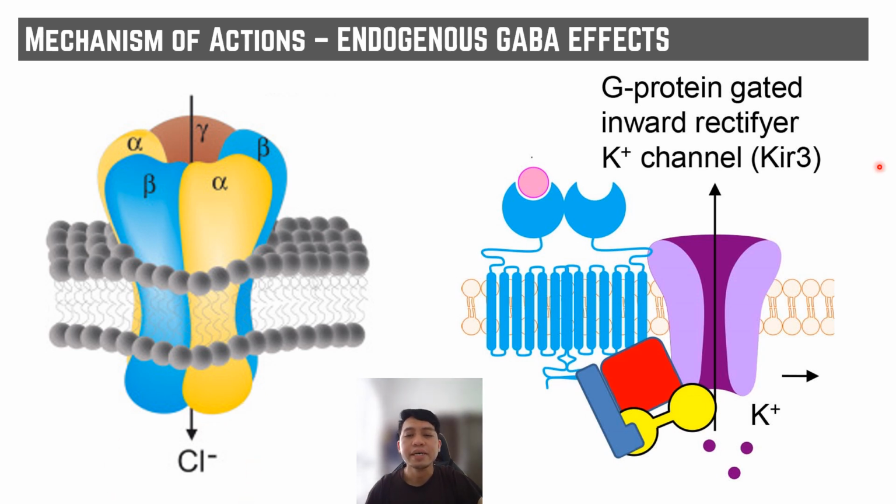In contrast, the GABA B receptor is a metabotropic receptor connected with a second messenger system and exerts a rather modulatory role in the central nervous system. Activation of these GABA B receptors opens up potassium channels, or it can inhibit adenyl cyclase, which lowers the cAMP levels.